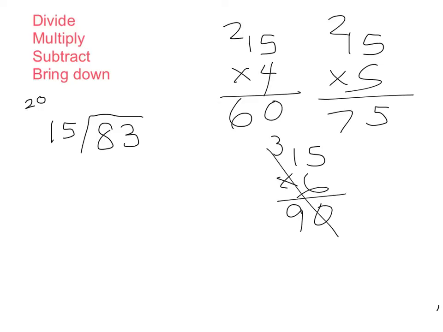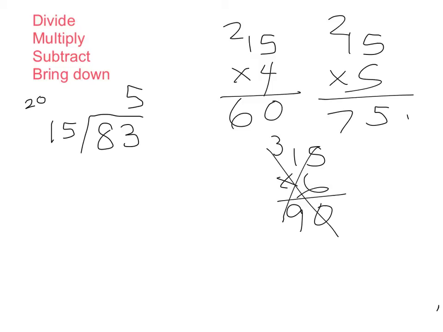And if I try 6, that one's too big. Okay, so notice how much extra work we had to do over here just to find that out. And so it's a good idea to have a little piece of paper off to the side where you're doing this workout. Okay, we found out that 15 didn't go into 8, but it went into 83 5 times. So I have to put my 5 over the 3 because it goes into 83, not 8.